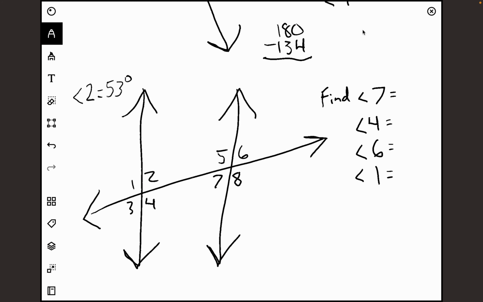And how do we know that? How do we know that, Will? They're alternate interior. There you go.